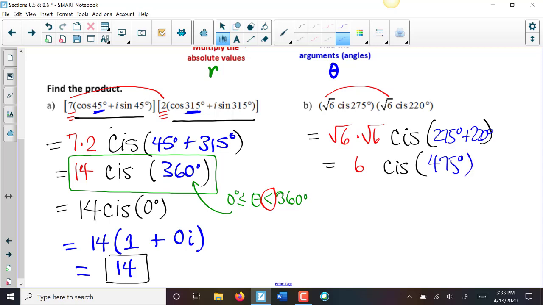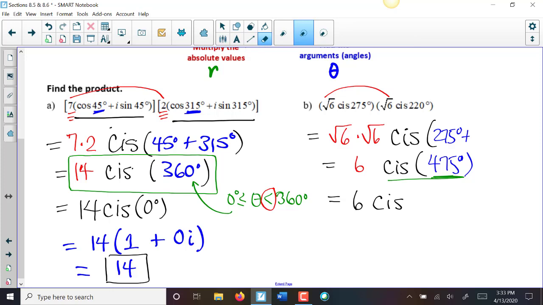Okay, which is fine, but if you were going to put that in rectangular form, then think of what's the cosine and the sine of 475. So that's why we typically get the least positive angle that's coterminal. So you could write this as 6 CIS. If we subtract 360 from that, oh, whoopsie, I'm so sorry, I can't read my own writing.